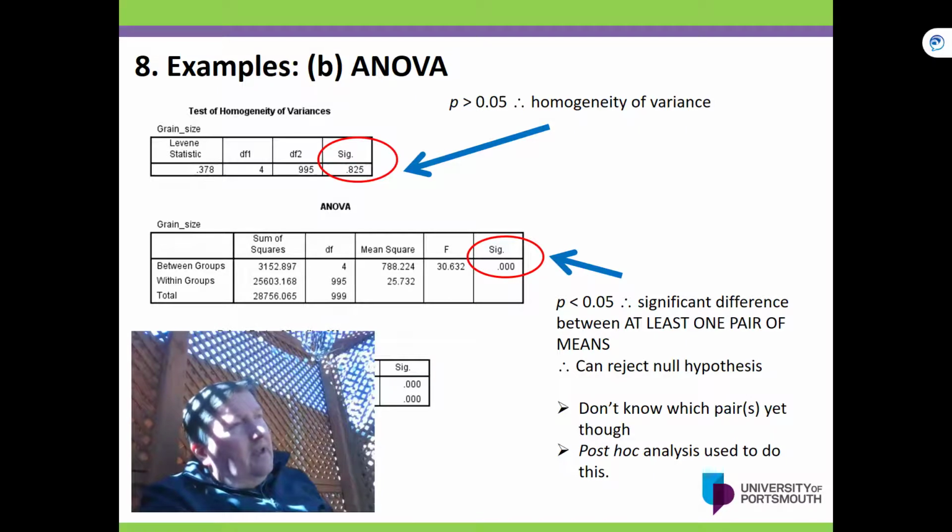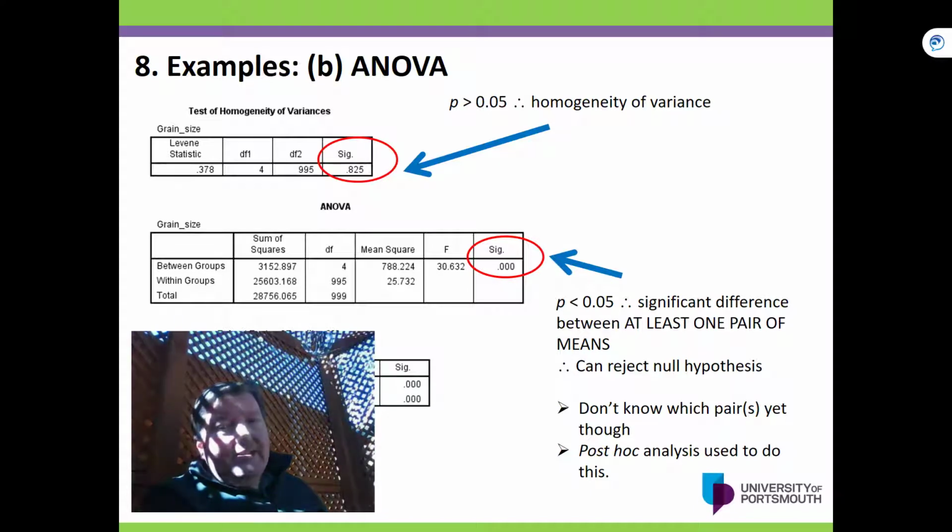Now with the ANOVA in SPSS, quite often it just gives you this p-value to 3 decimal places, and if you've got 0.000, it doesn't mean 0, it means the third decimal place is less than 1. If you double click on that 0.000 in the software, it will give you the actual value of p.